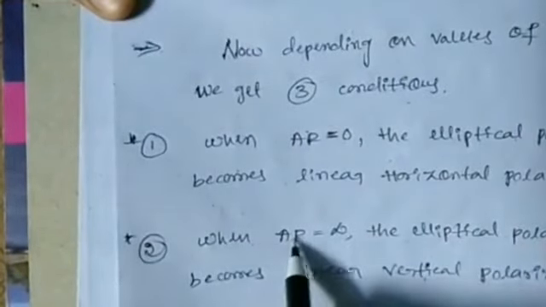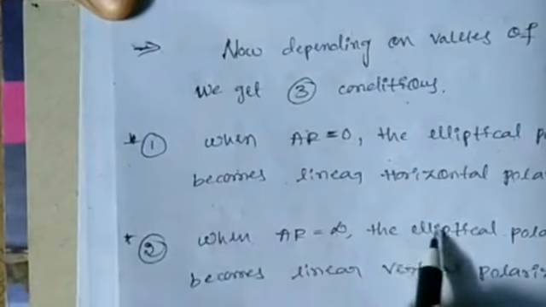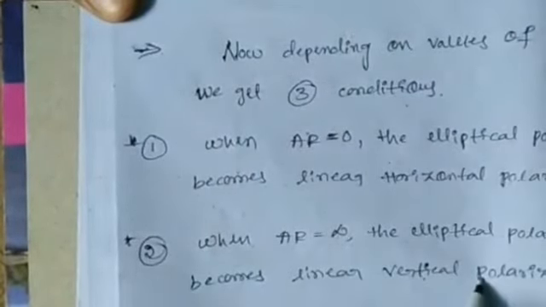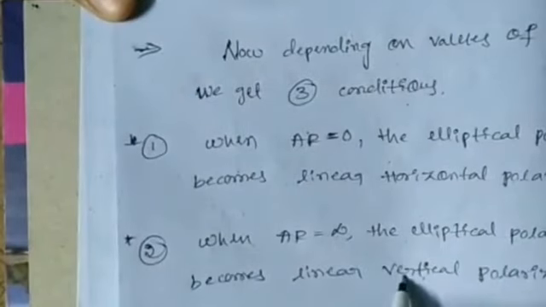And when the axial ratio is equal to infinity, the elliptical polarization becomes linear vertical polarization. Linear vertical polarization is nothing but the electric field lies in the vertical plane. And when the axial ratio is equal to 1, the elliptical polarization becomes circular polarization. These three conditions are very important. Depending on the axial ratio, the polarization may change.